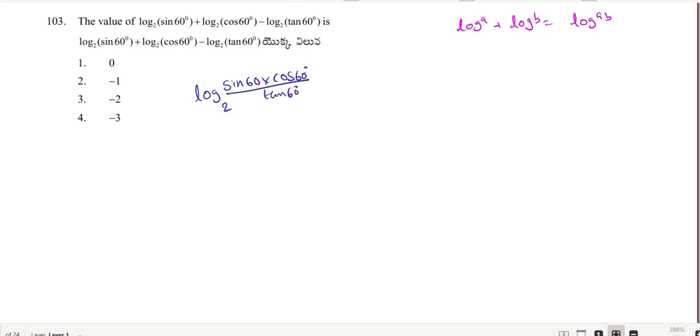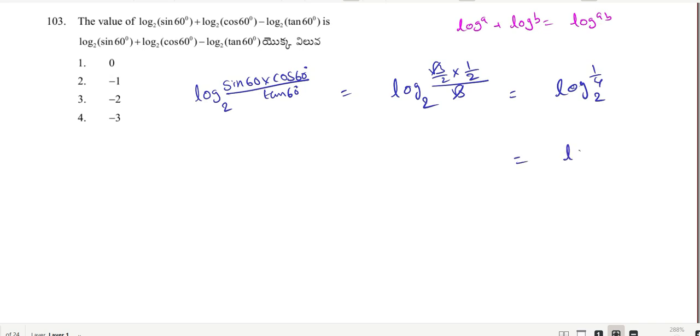Okay, whose base is 2. So we know that the value of sin 60 is root 3 by 2. And this is cos 60, 1 by 2, by root 3. Root 3 gets cancelled.